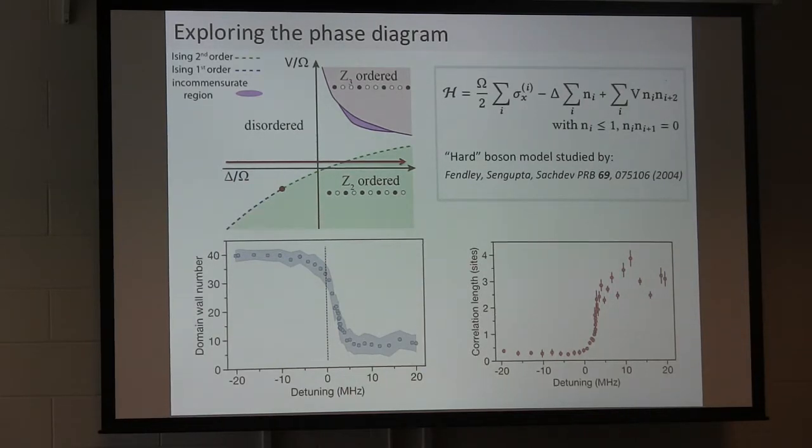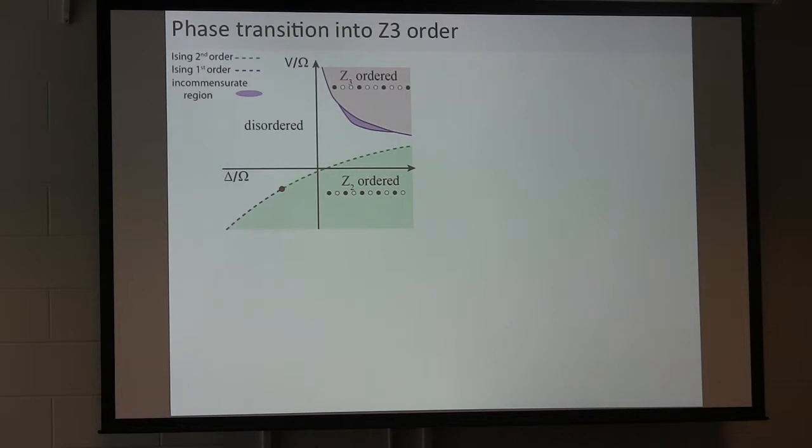Okay, so now, as an illustration of the tunability of our system, I wanted to show you that we can explore different lines along this phase diagram. For example, we can go into the Z3 order by increasing the next nearest neighbor interactions, which in practice, for our case, means bringing the atoms a little bit closer together.